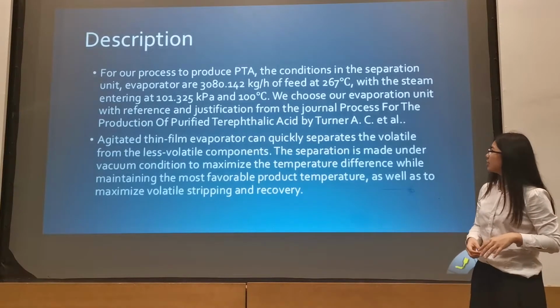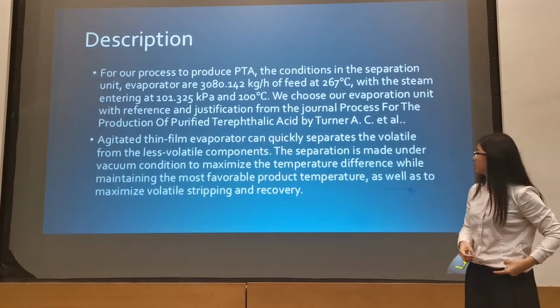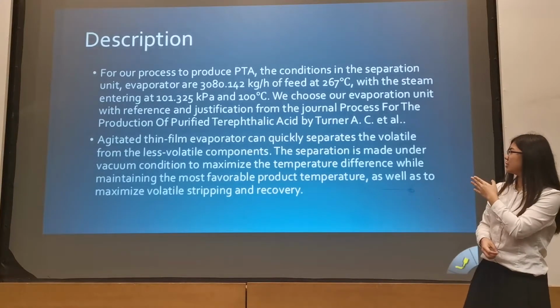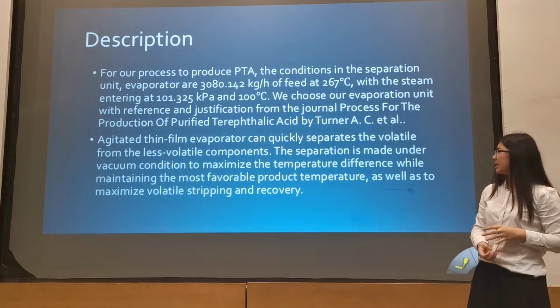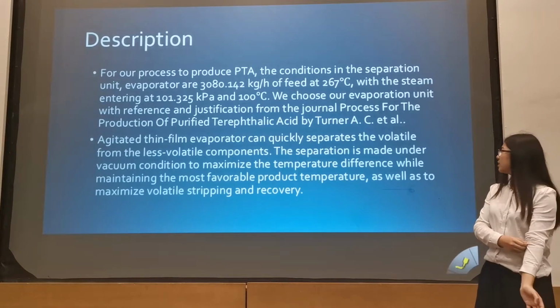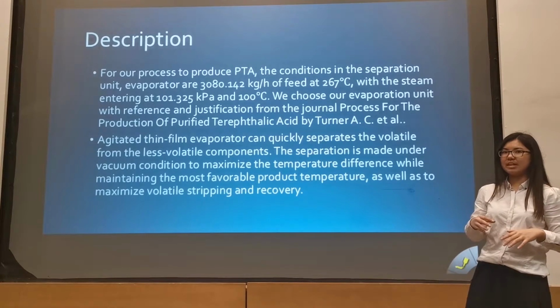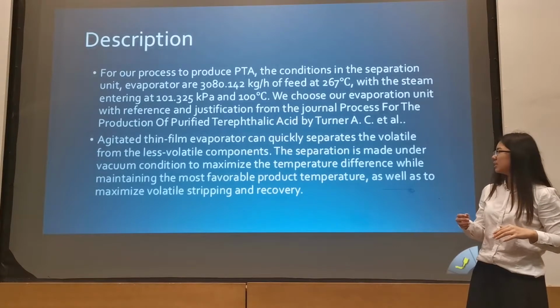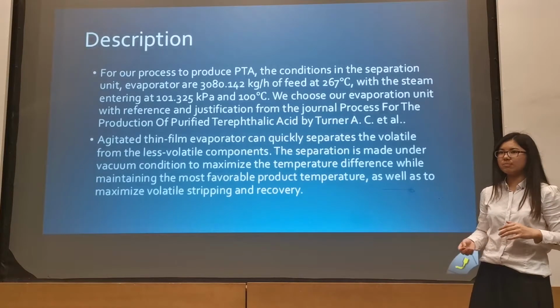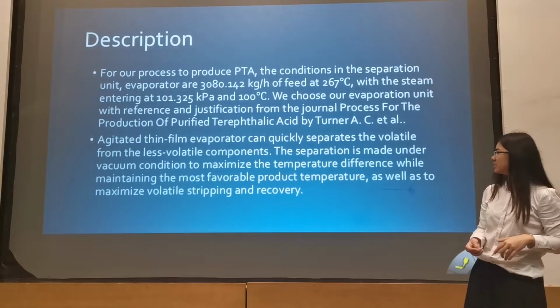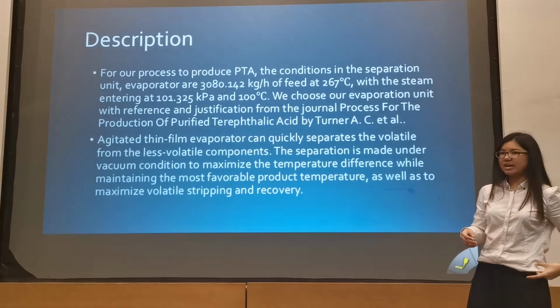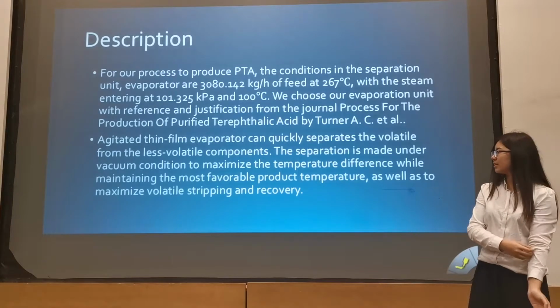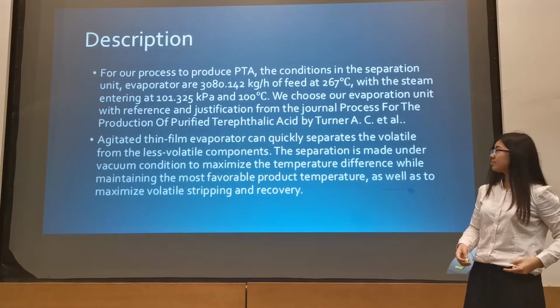We chose our evaporation unit with reference to the journal. The agitated thin film evaporator can quickly separate the volatile component from the less volatile, and the separation is made under vacuum condition to maximize the temperature difference while maintaining the most favorable product temperature, as well as to maximize the volatile stripping and recovery.